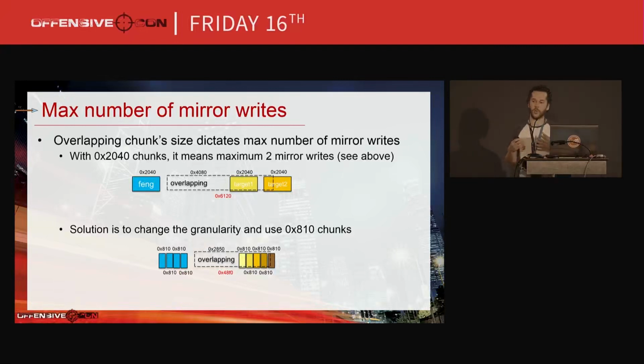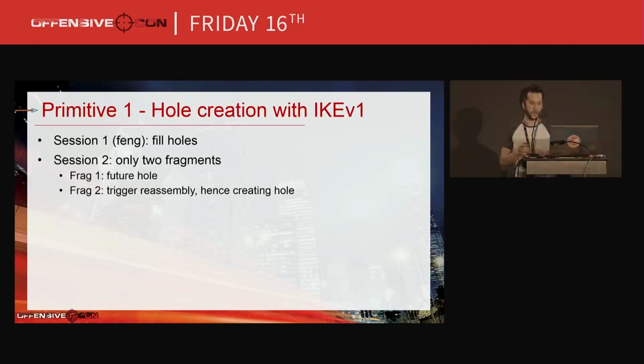We're not going to be able to corrupt many of them because we need to replace this overlapping chunk with an IKE fragment, which needs to be less than 8,000 bytes, which is the maximum. So our solution at the end, which I'm going to explain, is to use 800 bytes, because 800 bytes times 4 gives 2,000 bytes. So we've just changed the granularity. Okay, so let's build our primitives.